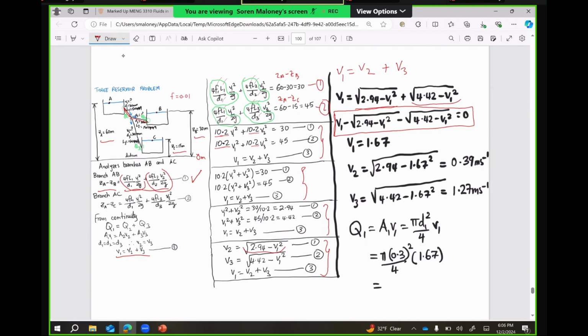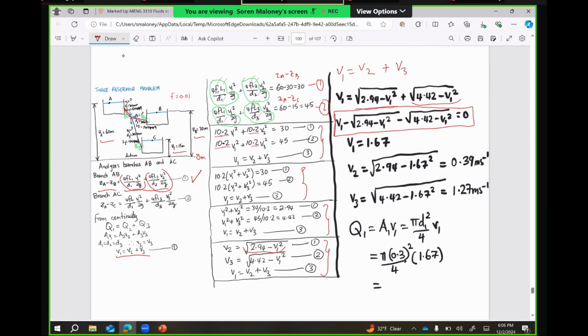We look at different values of V1 and see where we get an inflection point. We substitute values of V1 into this equation and see when it goes from negative to positive. Where it goes from negative to positive, you know your solution is between those two answers.